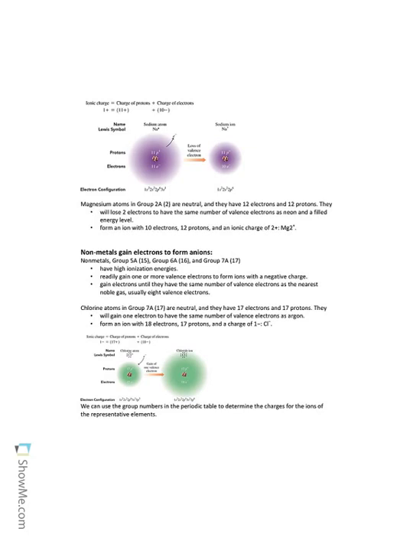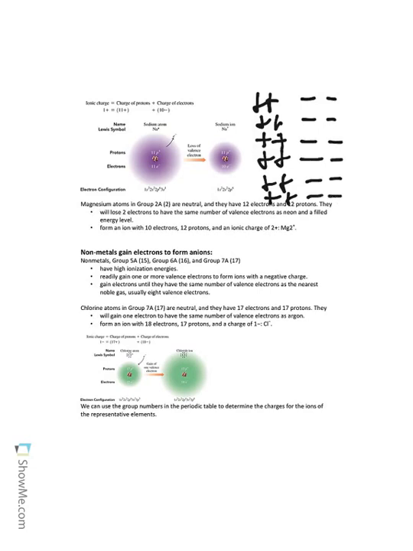Magnesium. Magnesium atoms are in group 2A. They start out as neutral. They have 12 electrons and 12 protons. Again, 12 positives, 12 negatives. Magnesium atoms like to lose 2 electrons, so they have the same number of valence electrons as neon and a filled energy level.